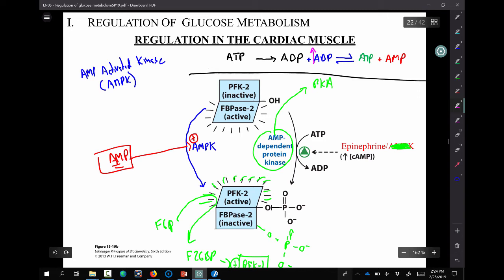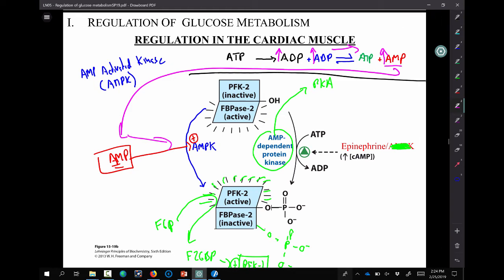This is a reversible step. The enzyme adenylate kinase holds this reaction at equilibrium, and if these are going up, then this is going to shift in this direction, and you'll have an increase in AMP. That will lead to more of this. That will activate AMP kinase, which will activate glycolysis, which will activate the capacity to then make more ATP.